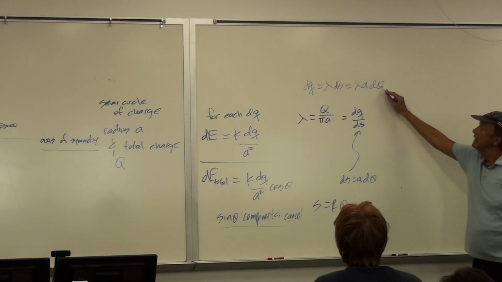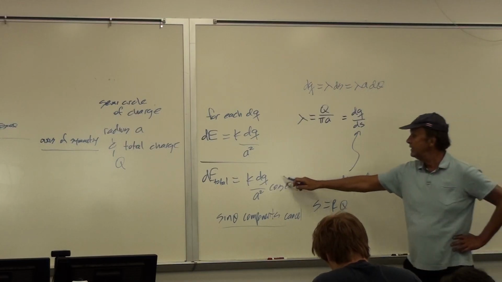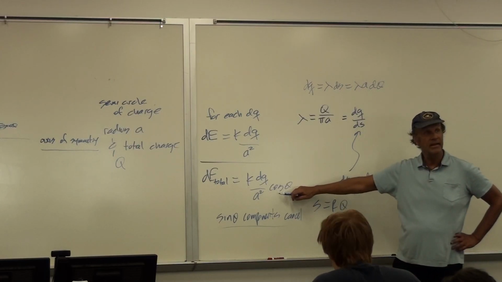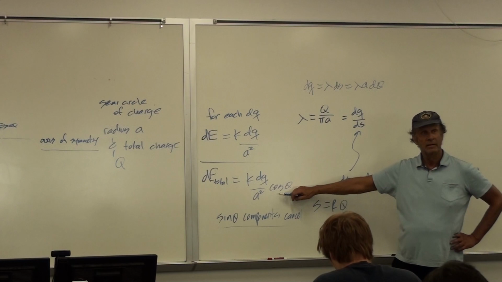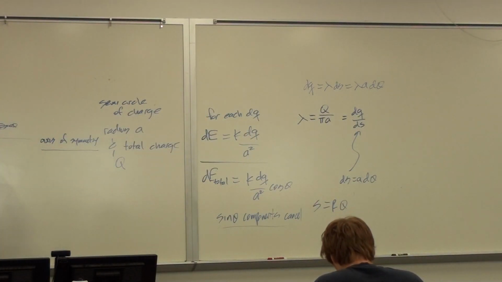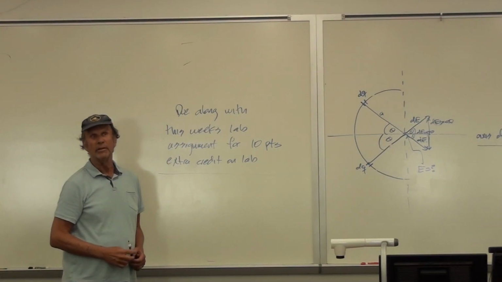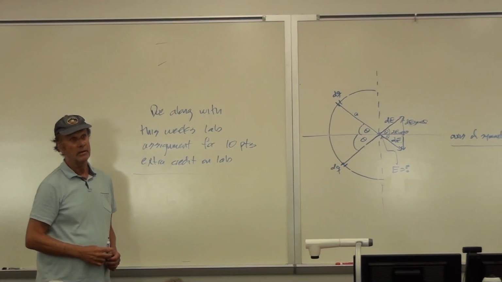So now I've written my dq as a function of theta, and that means that I can now integrate cosine theta d theta. So that's my strategy then, seen here, that as I change my angle, I'm changing the components that are adding and canceling. So that means it has to be an integral over theta, but with a constant value for r.